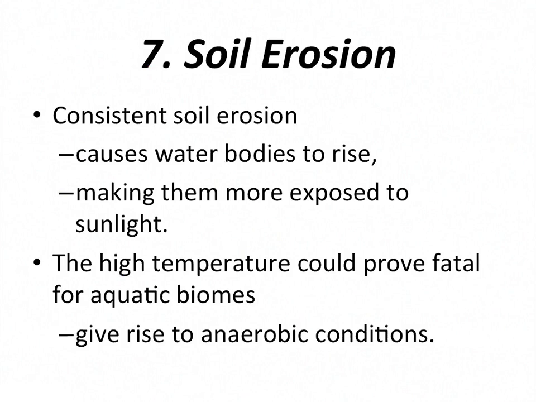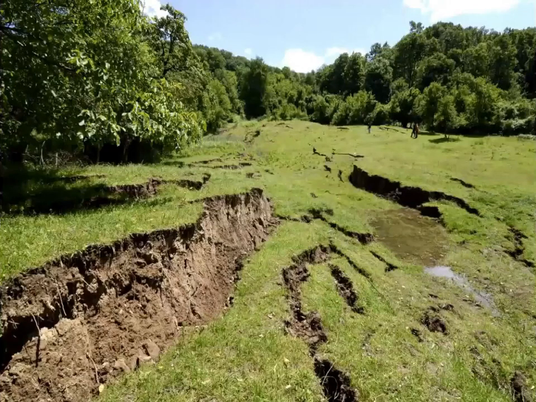This high temperature could prove fatal for all aquatic life. Hence, it may give rise to anaerobic conditions for all the marine organisms that require oxygen in order to grow and increase their population. Here you can see the picture of soil erosion.